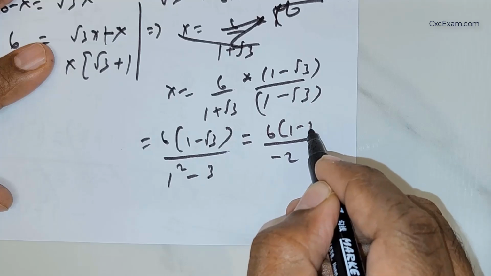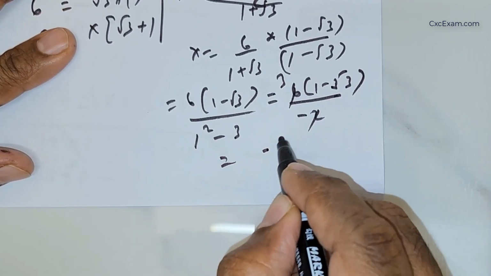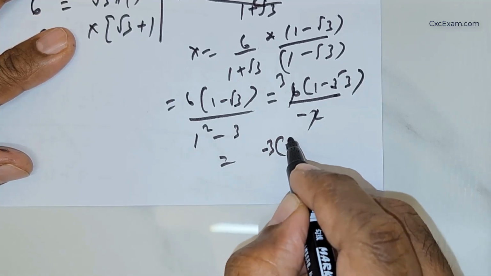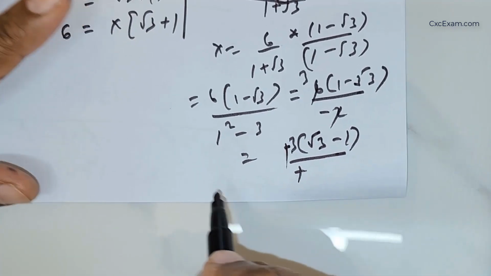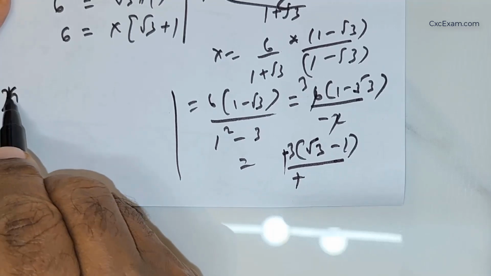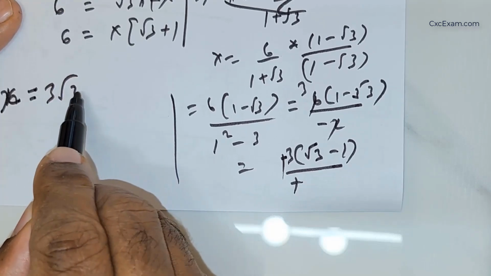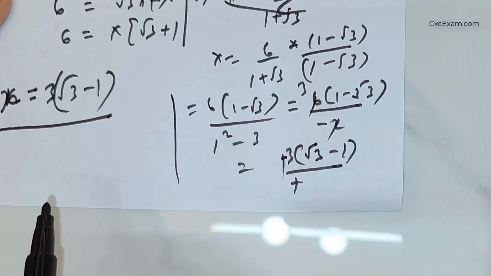And a 6 and a 2, 2 divides here 3 times. I'm going to take a negative sign out. So that's going to give me root 3 minus 1, but there is already a negative sign, so it will become positive. So therefore my h or my x is going to be 3 times (root 3 minus 1). This is going to be the value.